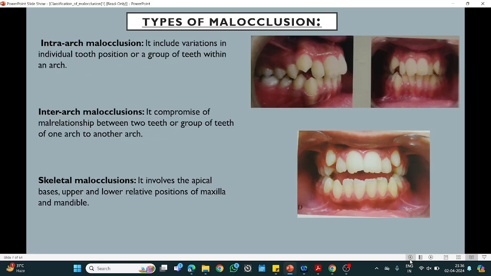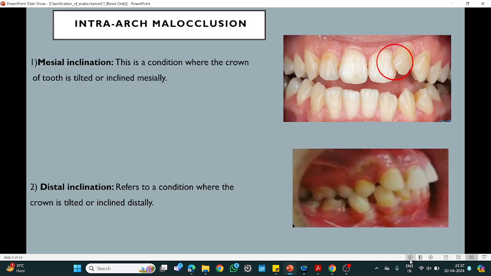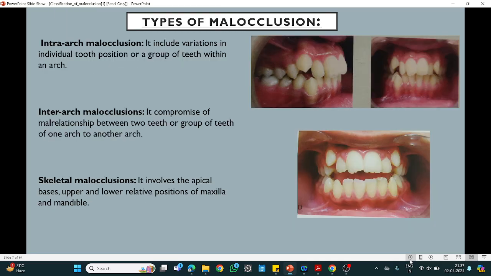So what are the types of malocclusion? It can be either intra-arch malocclusion, inter-arch or skeletal malocclusion, or dental malocclusion. Intra-arch malocclusion includes variation in individual tooth position or a group of teeth within an arch. Here we can see it is a group of teeth within an arch.